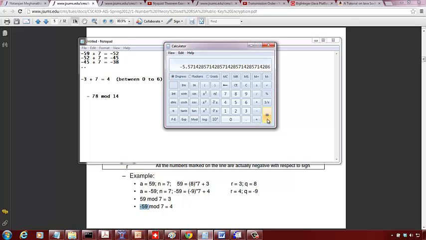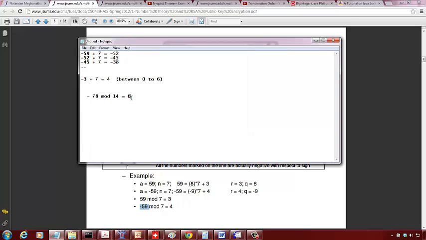So what you should do to get the remainder is add 6, because that's the next largest integer to this negative 5.5714. You get 0.42857 something, multiply this by your 14, and you will get 6. So 6 is going to be the remainder, right?